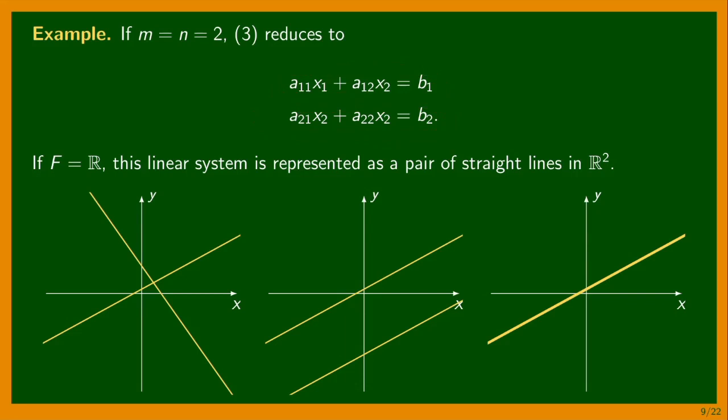Hence, we are looking for the point of intersection. When these two lines intersect, the point of intersection is the unique solution in this case. If this pair of lines does not intersect, just like in this case, then there is no solution. And it is possible that these two equations are represented by the same line. So in this case, the two lines coincide, and there are infinitely many solutions.